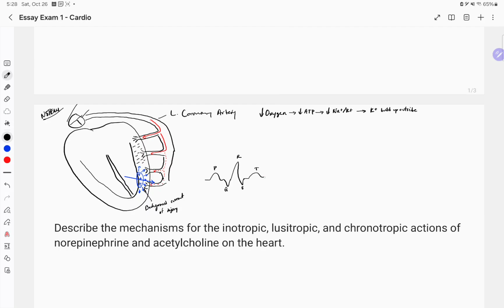Because it's continuous, the EKG is going to set kind of this new baseline, which will be higher. And then it's going to give us a P wave, Q wave, R wave, and then the S wave is going to come back down to the original.